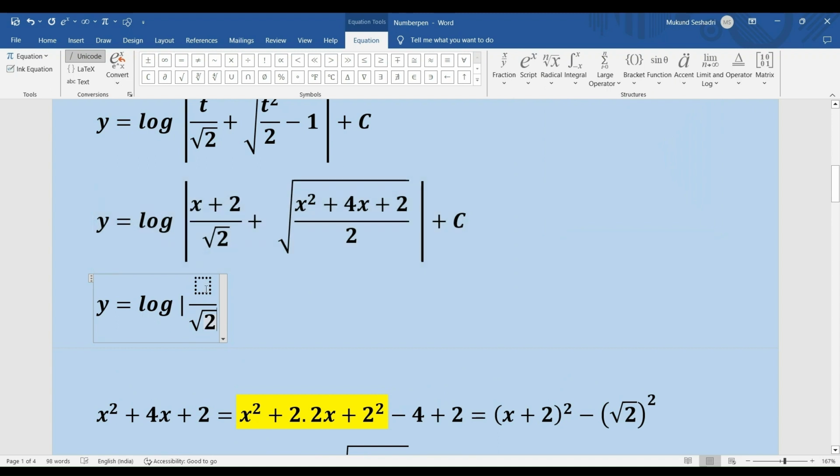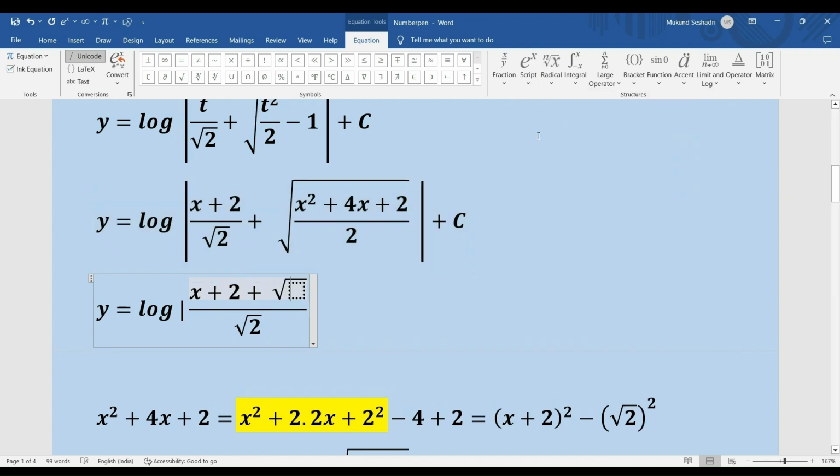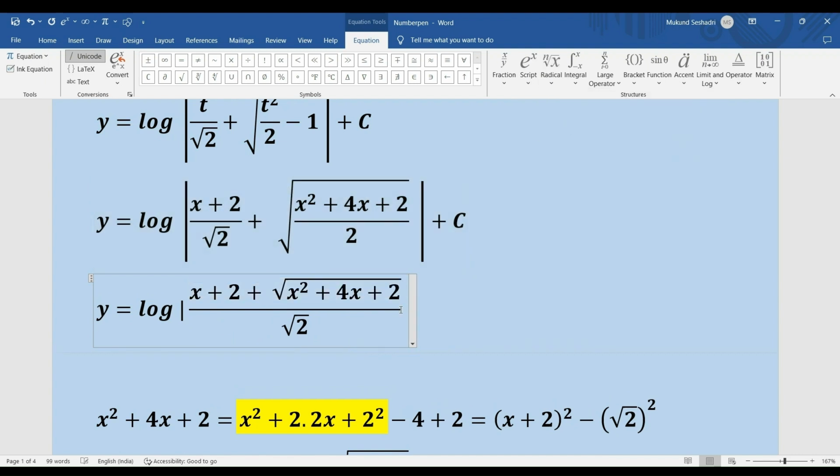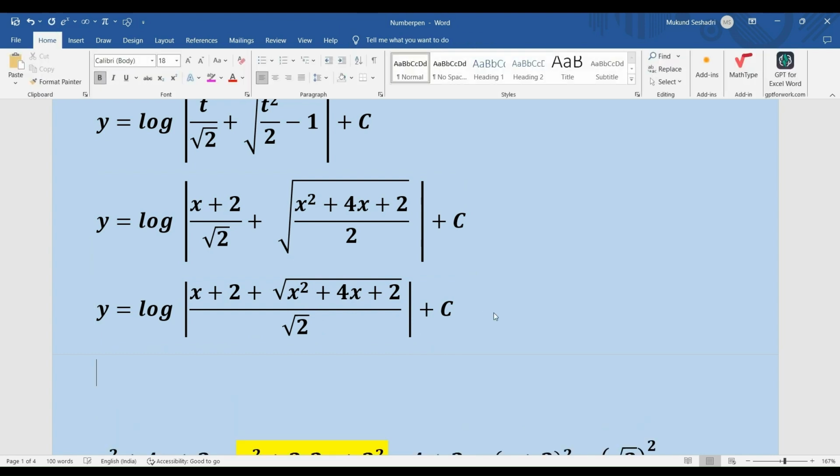And then I have x plus 2 plus the square root of x square plus 4x plus 2. I know that I have an expression in terms of x in the numerator within the log, and then I have a root 2 in the denominator within the log, right? So can I do some further simplification?